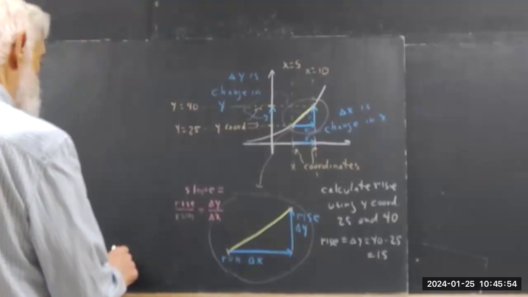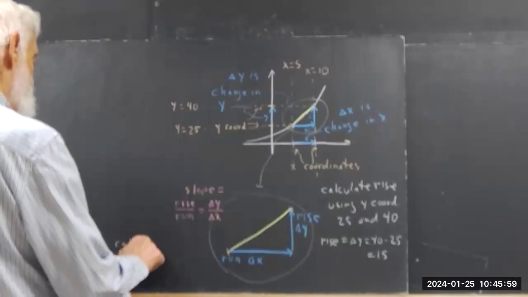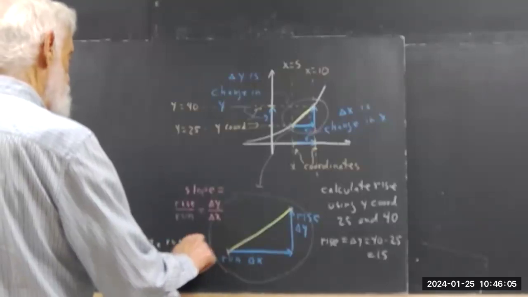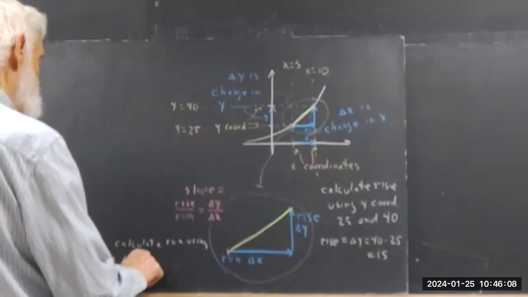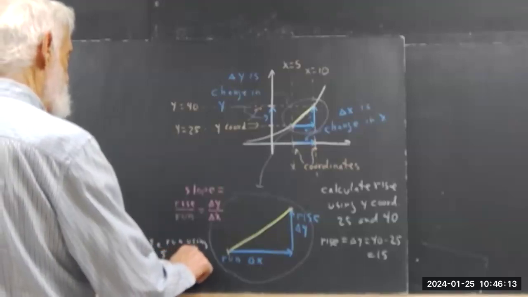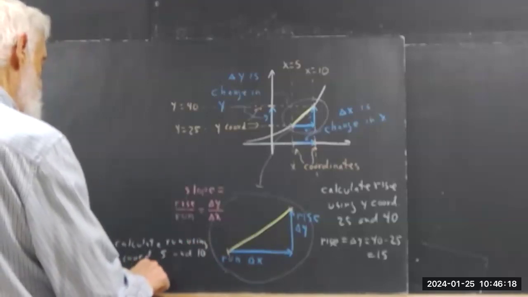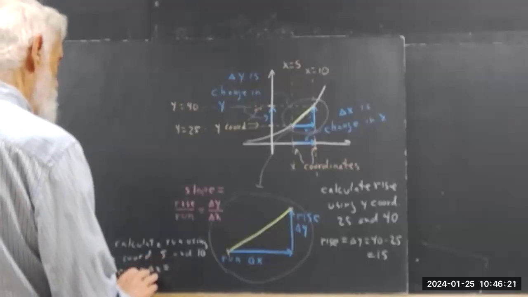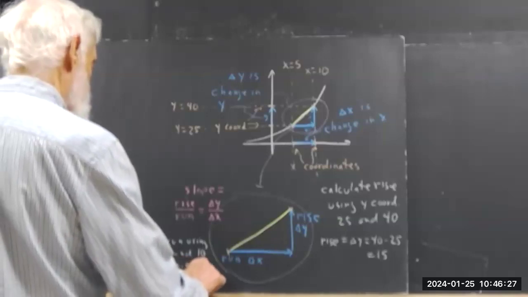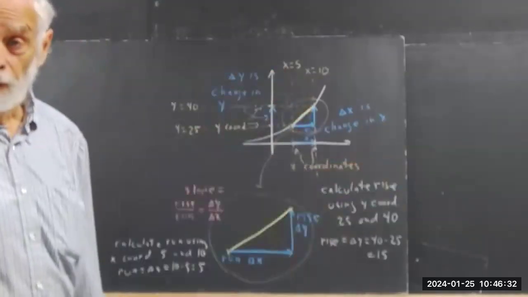Calculate the run. It's pretty clear that if you start at 5 and end up at 10, you went 5 units in a positive direction, right?